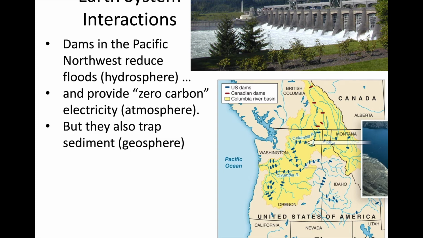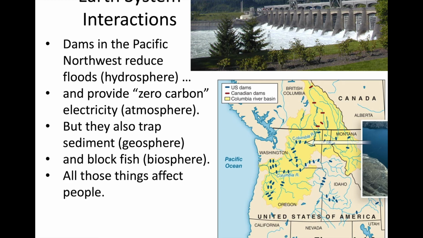Dams, being walls in a river, also trap the sediment that is naturally carried by the Columbia and its feeder rivers. That sediment is part of the geosphere. The dams also block the movement of fish, especially salmon, which migrates between freshwater and the ocean, so the biosphere is also affected.